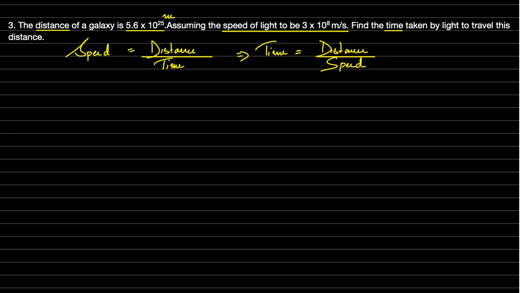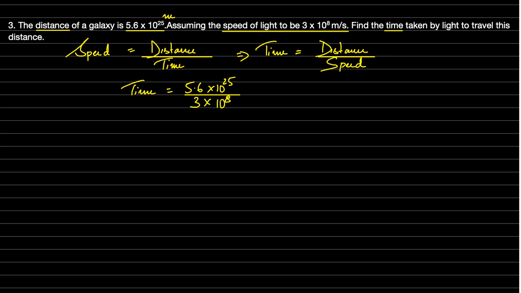So the time happens to be, distance is 5.6 into 10 to the power of 25 divided by 3 into 10 to the power of 8. Before doing calculations, please check whether the units given are in SI unit or not.